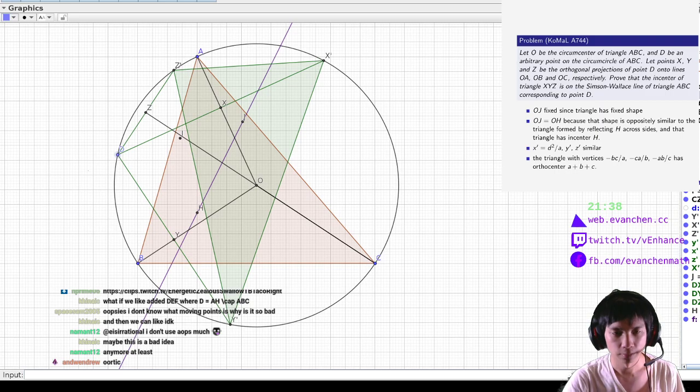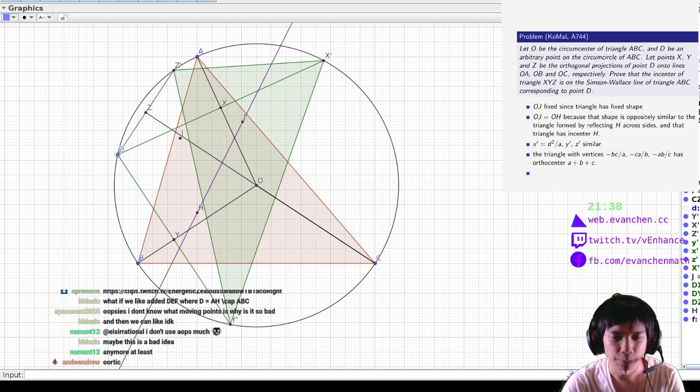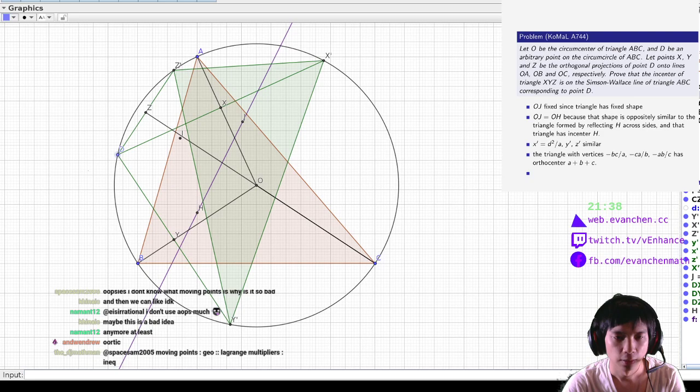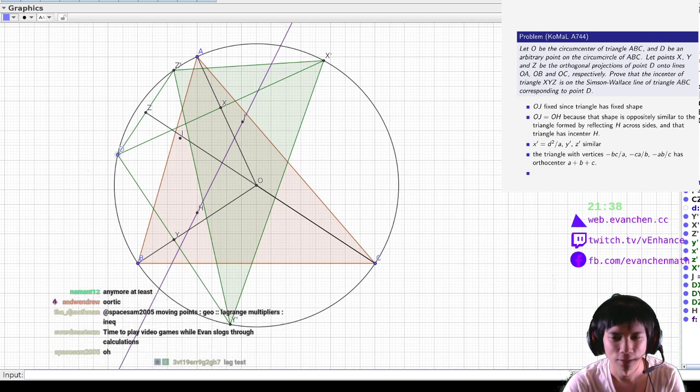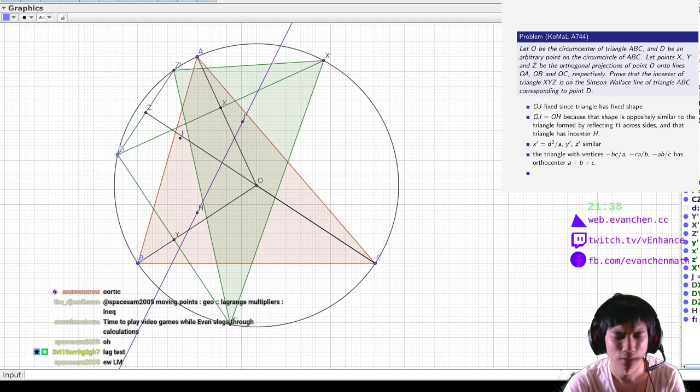Now, to get from minus bc over a to d squared over a, what I do is the map is called u conjugate, and then you multiply by d squared abc. Wait, that seems really fat. Hang on, that's not right. It should be a conjugation and then multiplication by some factor. It's abc over d squared.